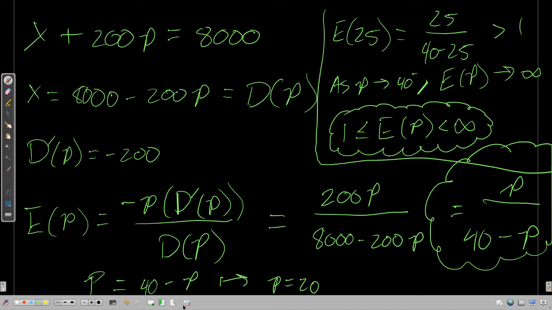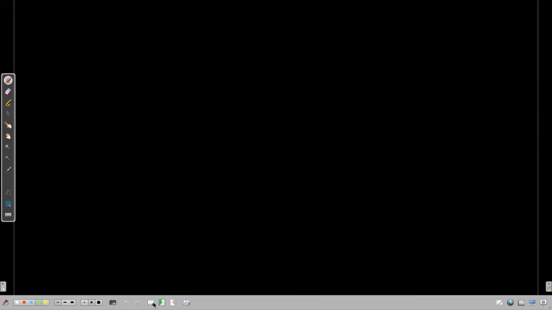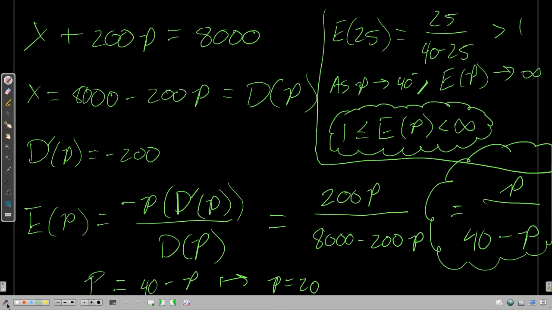Now let's look at, well, recall what this portion of E of P is telling us. This right here is exactly the relative rate of change of D, the demand equation.